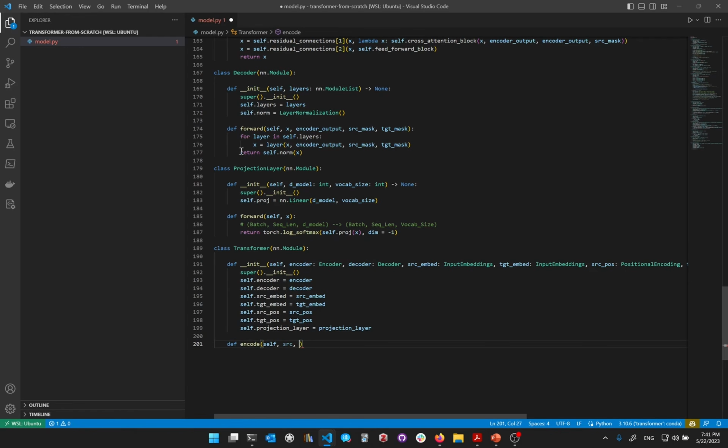So for the encoder, we have the source, because we have the source language, and the source mask. What we do is we apply first the embedding. Then we apply the positional encoding. And finally we apply the encoder.